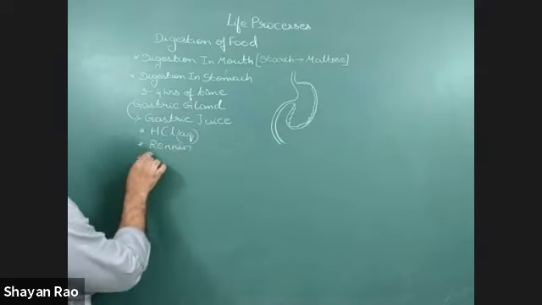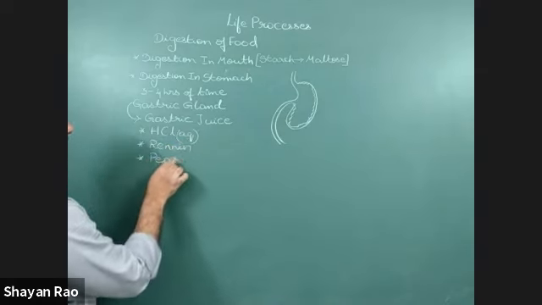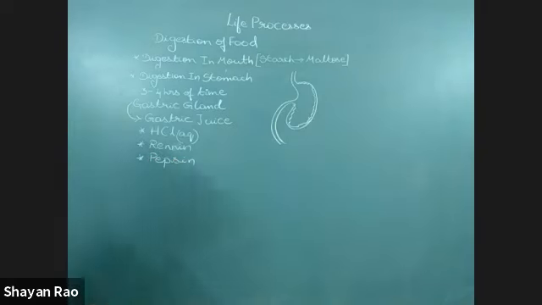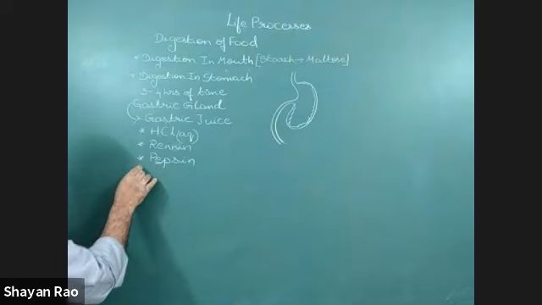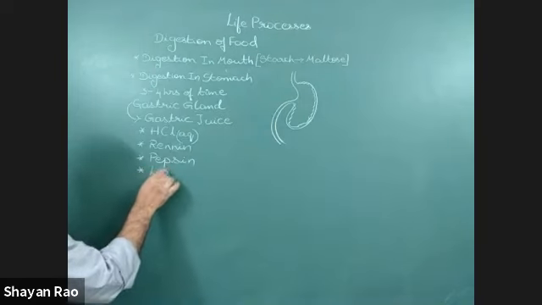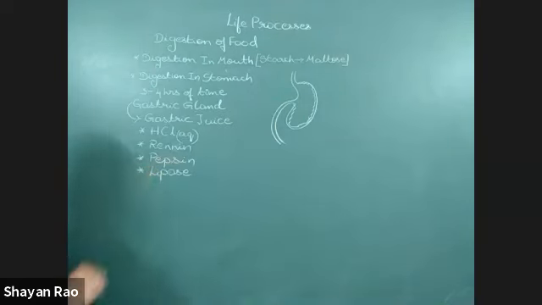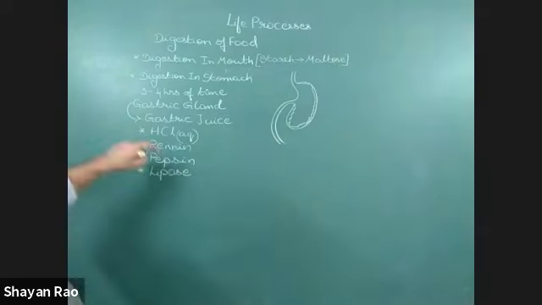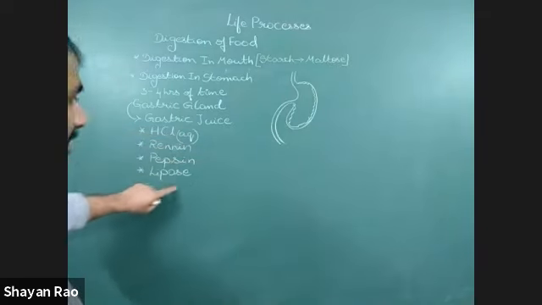Then third, we have something called as pepsin. This is another enzyme which is present in it. And also we have lipase, another enzyme, which we call gastric lipase also. So we are supposed to understand all the functions of this now.